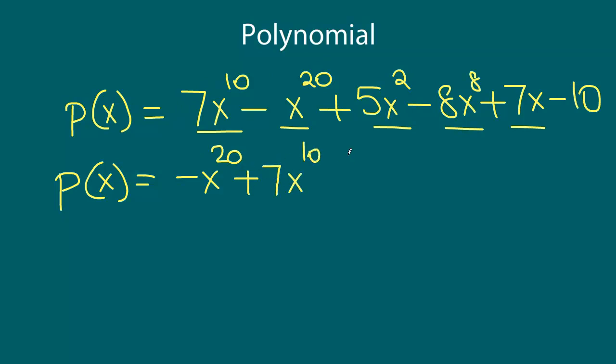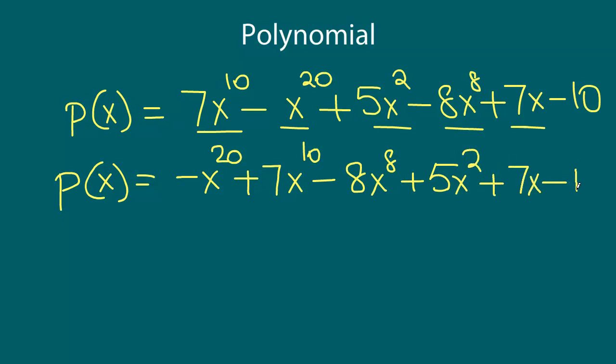This is the next term. Then the term after that is x raised to the power 8. So we say minus 8x raised to the power 8. Then we have 5x squared. Then we have 7x. And then the constant term is always the last term, right? So this is how we arrange the terms in a polynomial.